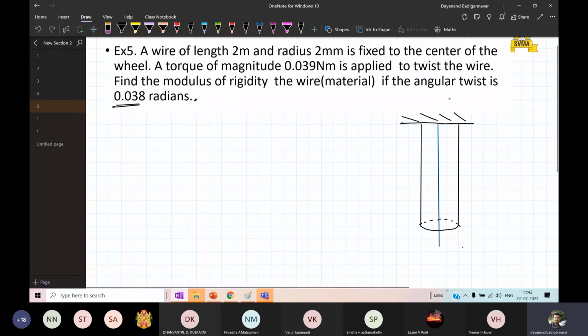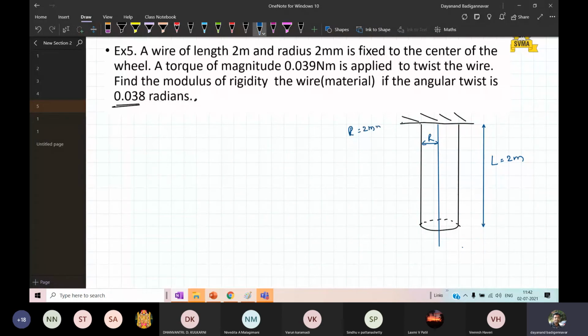The wire length is 2 meters, and the radius R is 2 millimeters. It is fixed at the center of a wheel. A torque of magnitude 0.39 Newton meter is applied. A wheel is fixed here, like this, and the torque is applied on this wheel.